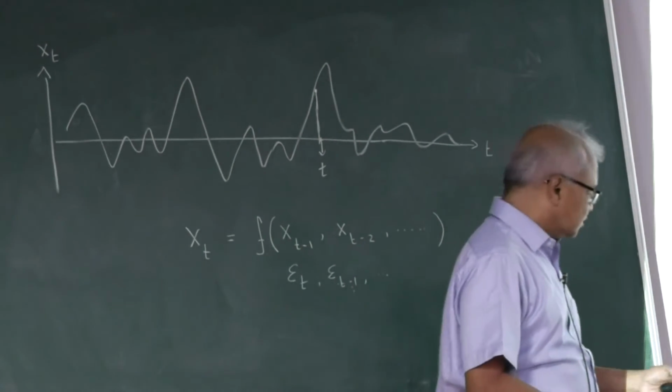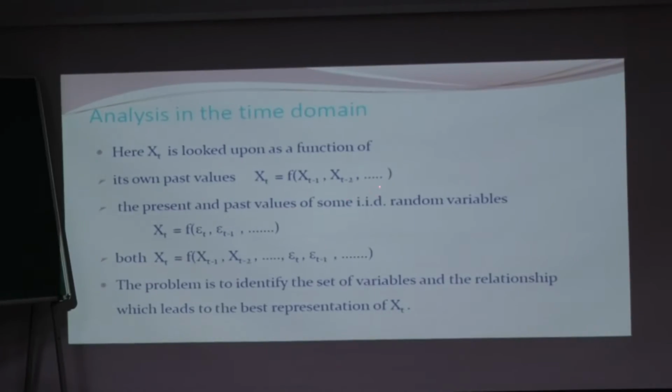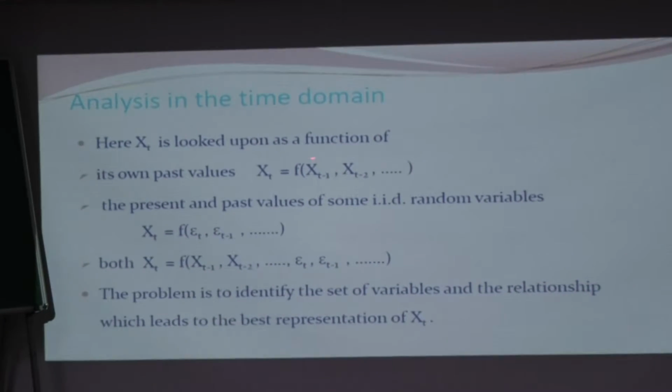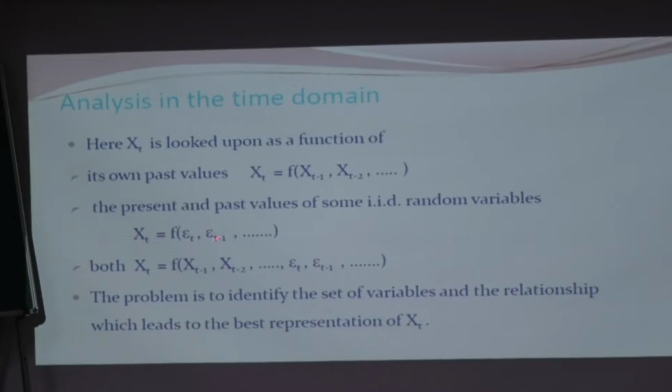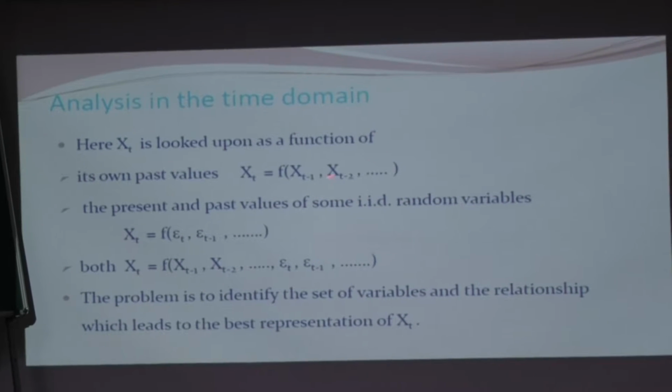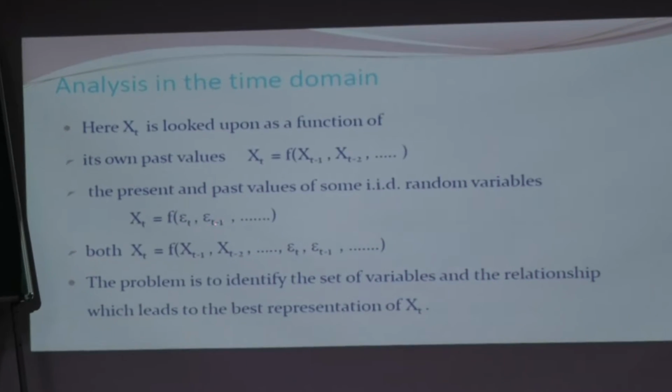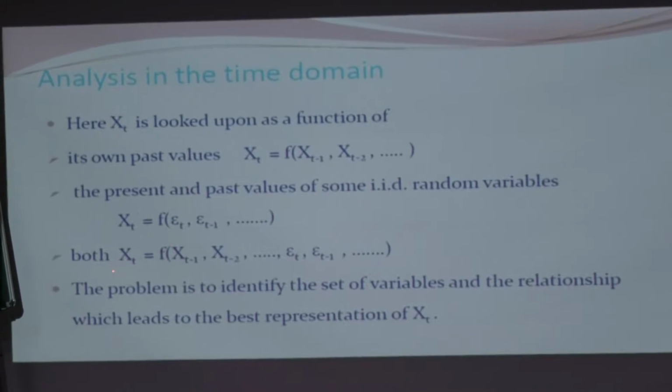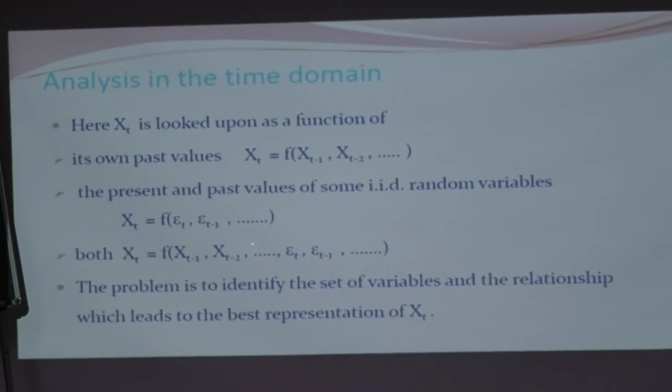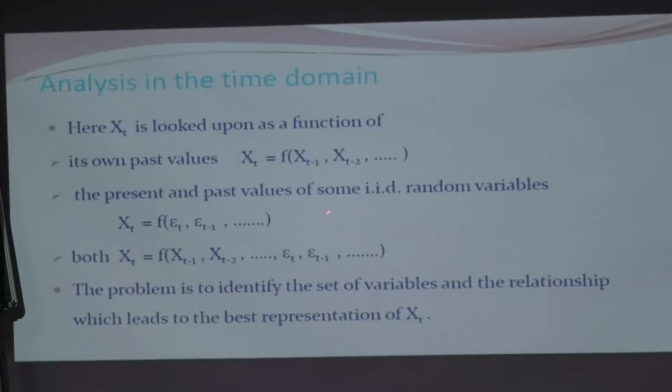Okay? So primarily, it can be just a function of its own past values. It can be past values of some other random variables like epsilon t minus 1, or it can be both the function of its own past values and the function of the random variable and its past values. Okay.